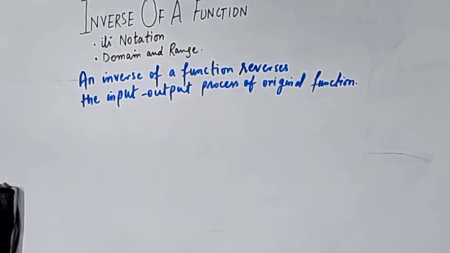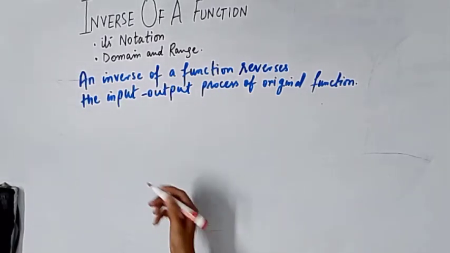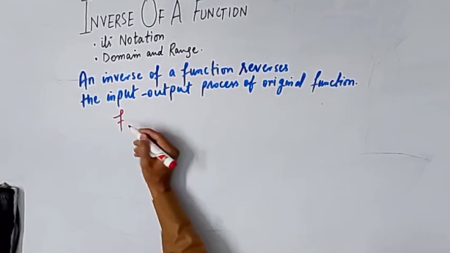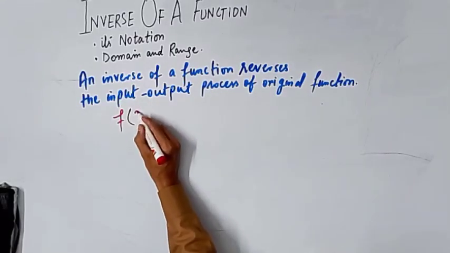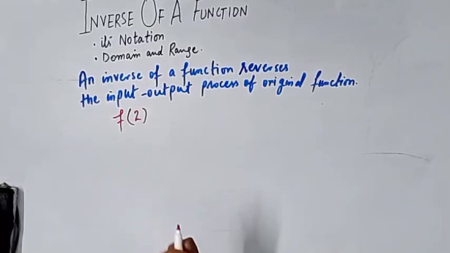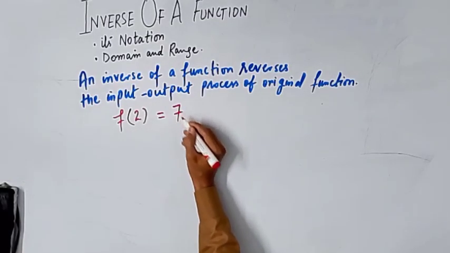What does it mean? For example, you all know how to find the value of a function, we have already done that in our previous video. Whatever function is given and we are doing f of 2, we are putting the input 2, and let's say we are getting the output 7.